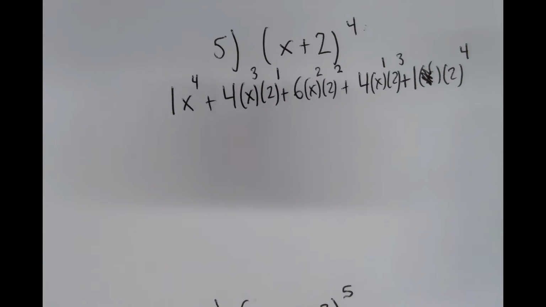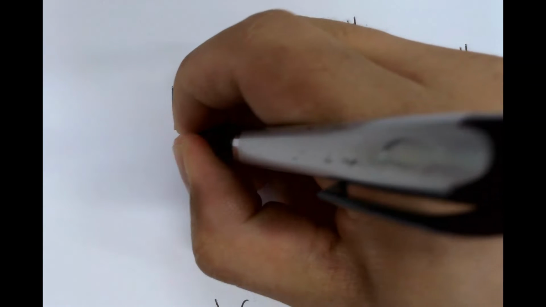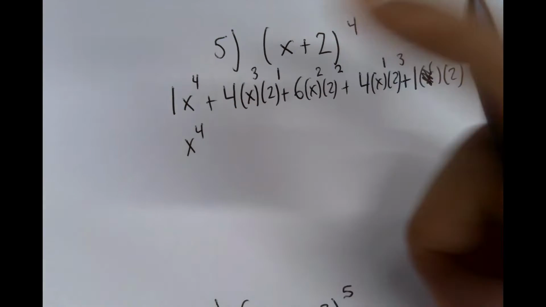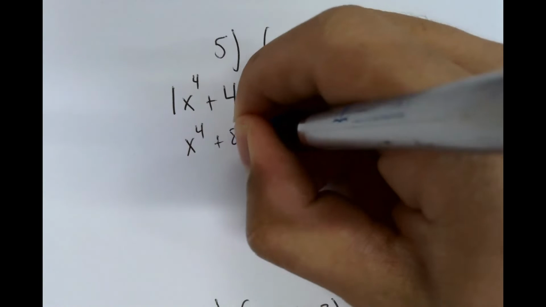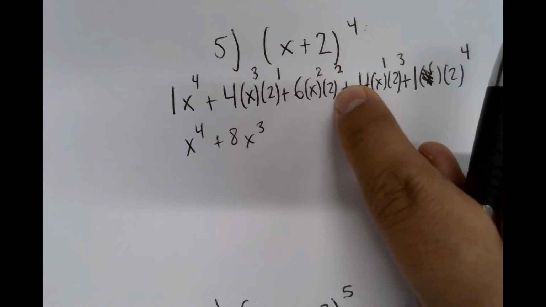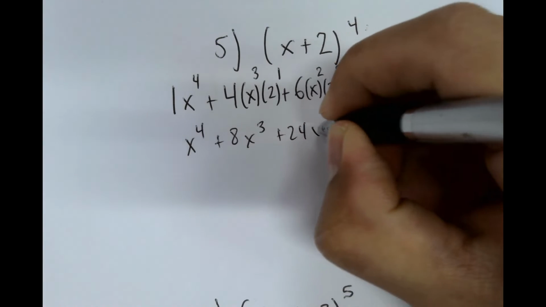Okay. So now that we have all of our exponents, we can go ahead and expand this by multiplying. So 1 times x to the 4th power is just x to the 4th. 2 times 4 is just 8, so 8 times x to the 3rd. Then you have 2 squared, which is 4 times 6, which is 24, so 24x squared.